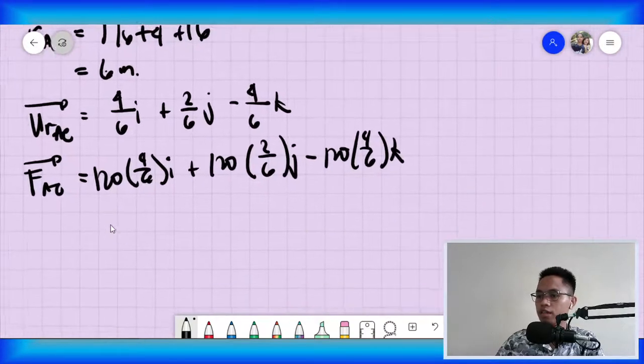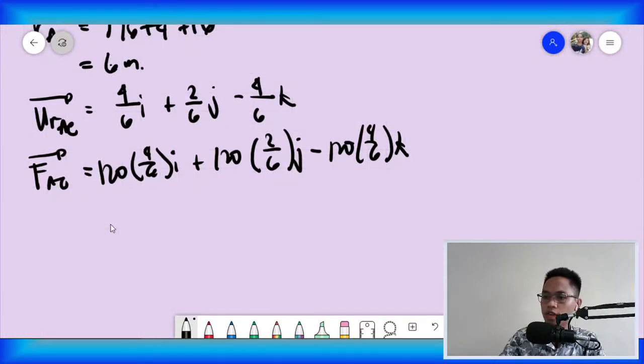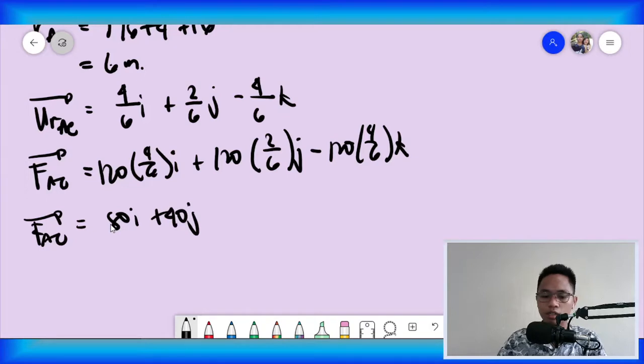So, after that we can now solve for FAC in Cartesian form. This would be 120 times 4 over 6, so 80i, plus 40j, minus 80k.